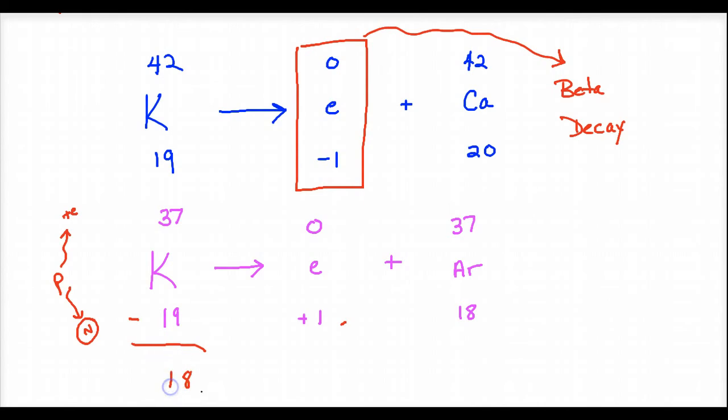So this has got 18 neutrons, and this one, 42 minus 19, I believe, if my math is correct, is 21 neutrons. Check that, 23. I can do this simple math.